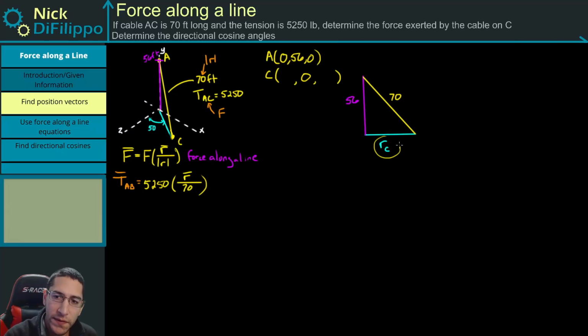So to figure out what this is, I can use the Pythagorean theorem, and I can reverse the order of terms, and I'll have RC is equal to the square root of 70 squared minus 56 squared.